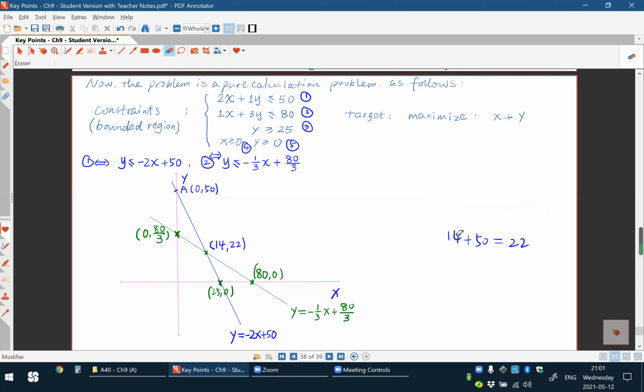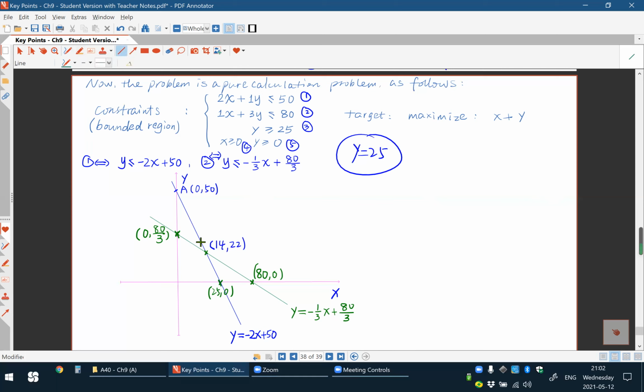All right, so far we have 5 points and 2 lines. Do you have any questions? No? Okay, next we need to draw y is above or equal to 25. First of all, we need to find the line which is y equals 25. So where is this line?